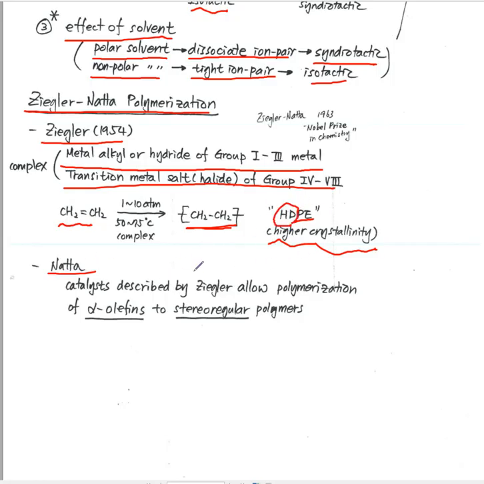The portion of isotactic or syndiotactic polyethylene was much higher than before. Similarly, Natta used a similar catalyst to synthesize polymers based on alpha olefins, and he could also find that that specific catalyst could make a high degree of stereoregular polymers.